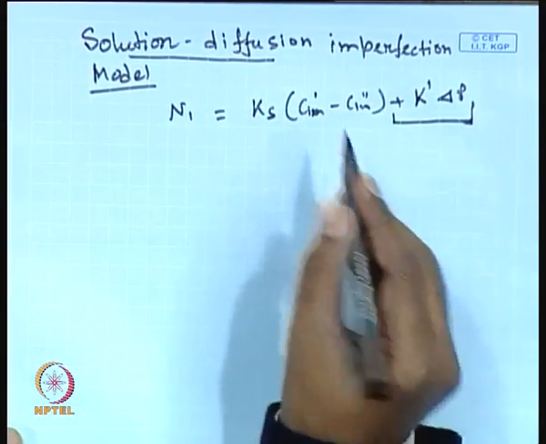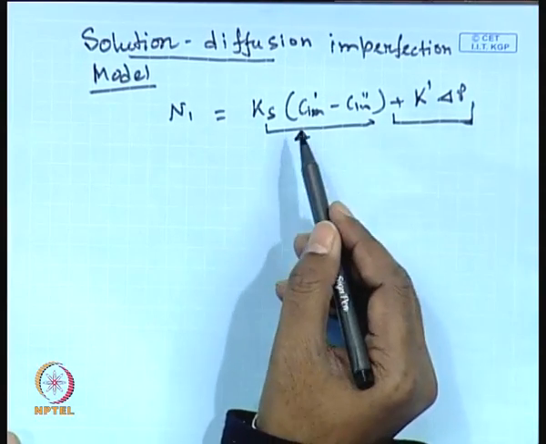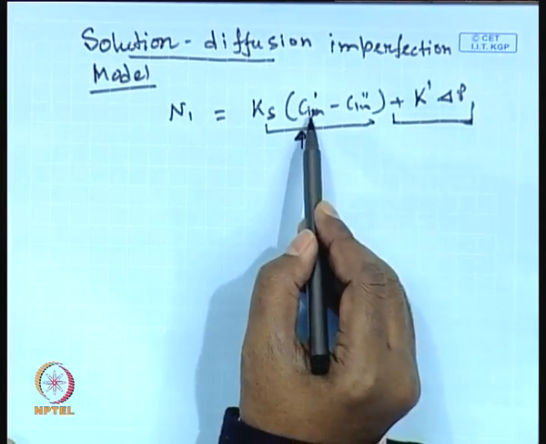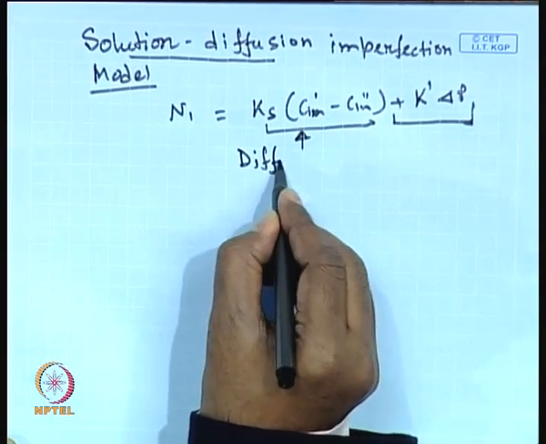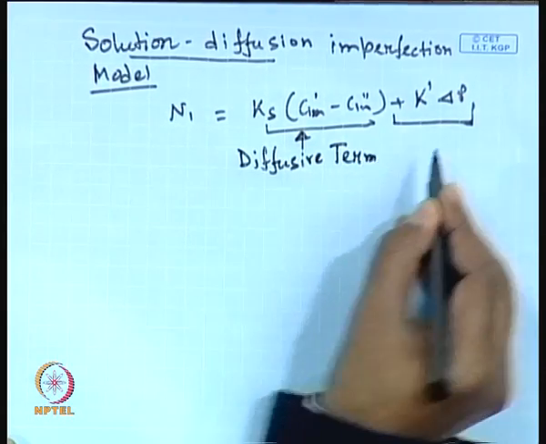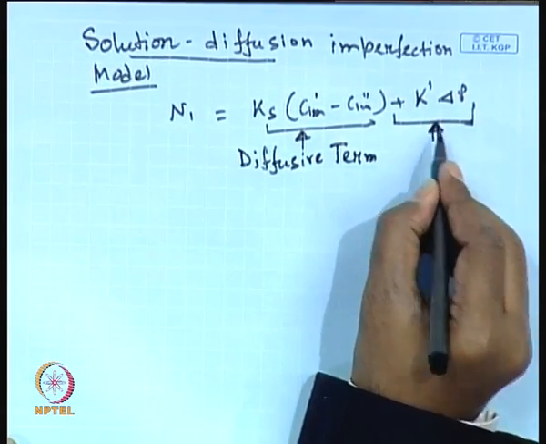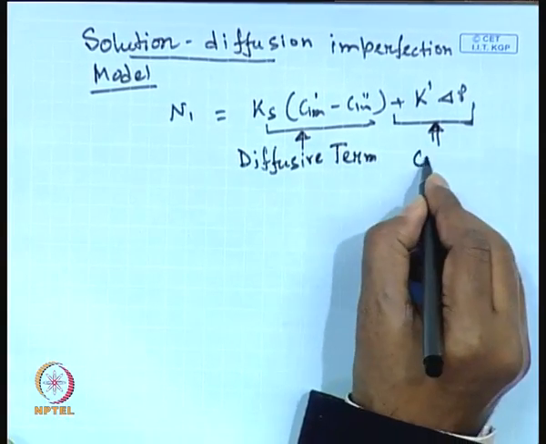This first term signifies a diffusive term, because this is driven by the concentration difference. What is the second term? This term is a convective term, because it depends on the delta P.